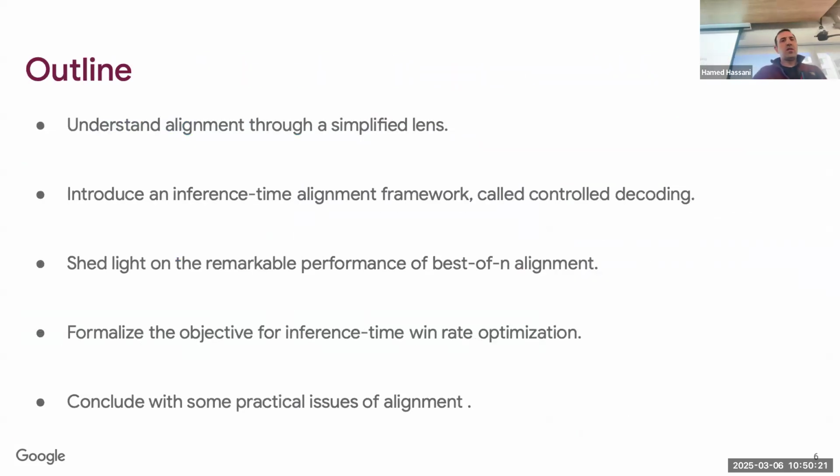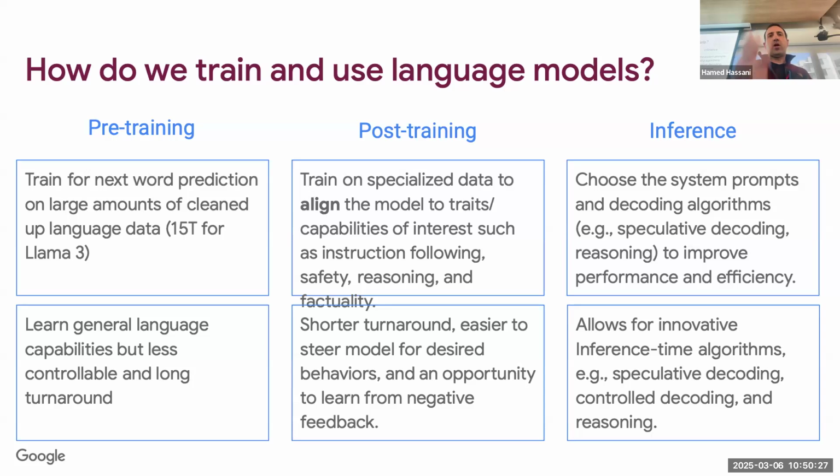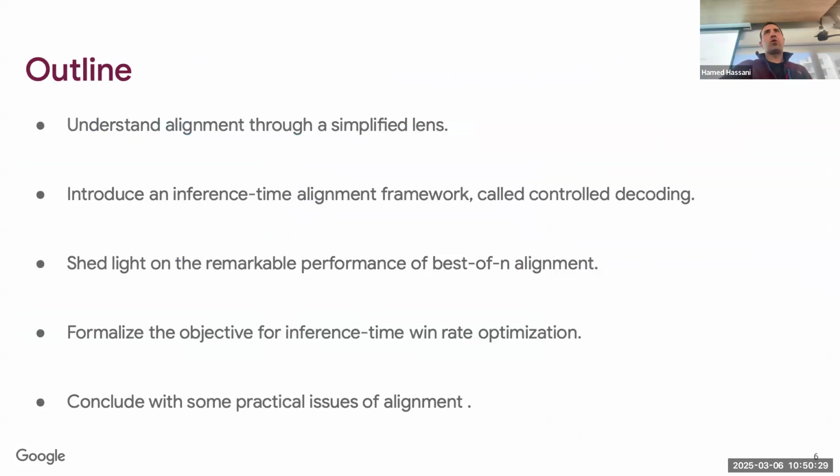In this session, we're going to try to understand this alignment process. Alignment is basically our post-training process, and we're going to try to understand it through a very, very simplified lens, so hopefully we all can follow what is exactly going on when we do alignment. We're going to talk about a framework for doing alignment at inference-time.